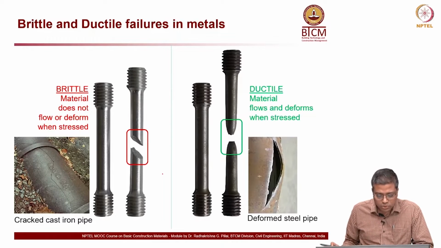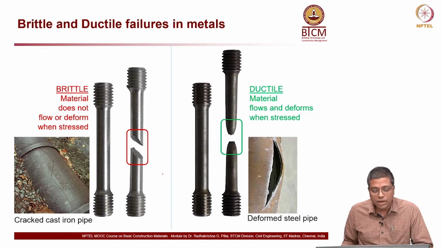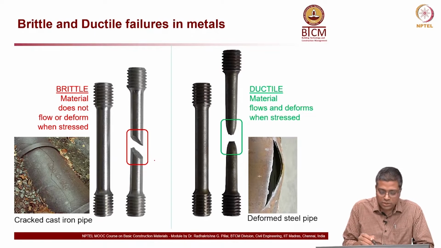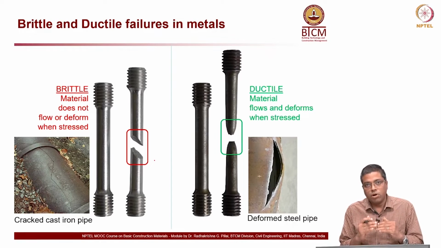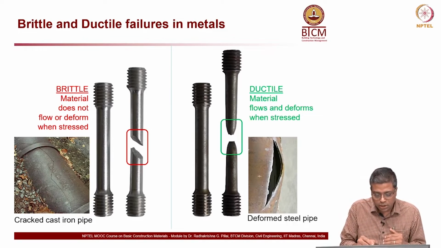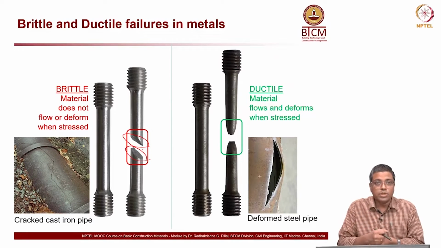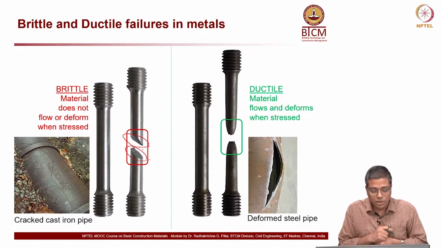Now, here are two examples of metals when you talk about brittle and ductile behavior. On the left side, focus on this red box here. You can see that the shape of the bottom portion and the top portion, these two regions I am talking about, are exactly such that if you want to put those pieces back together, you can actually glue them together.